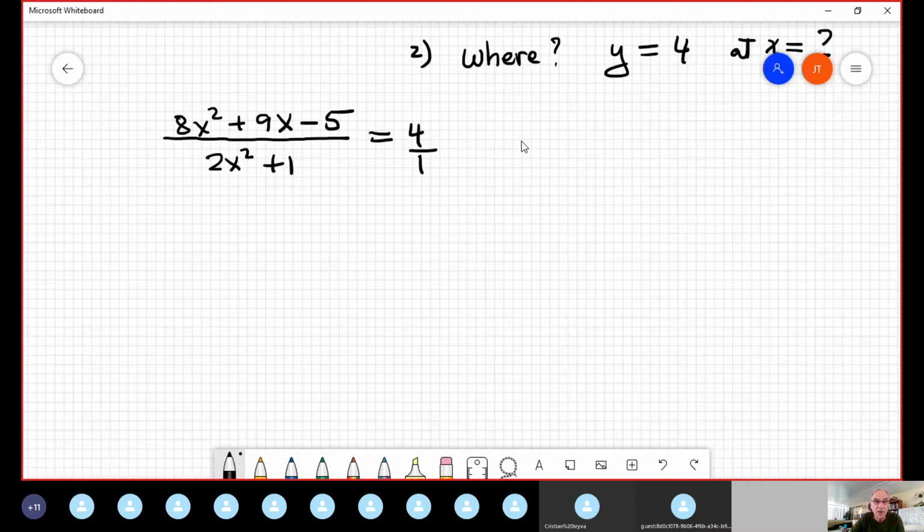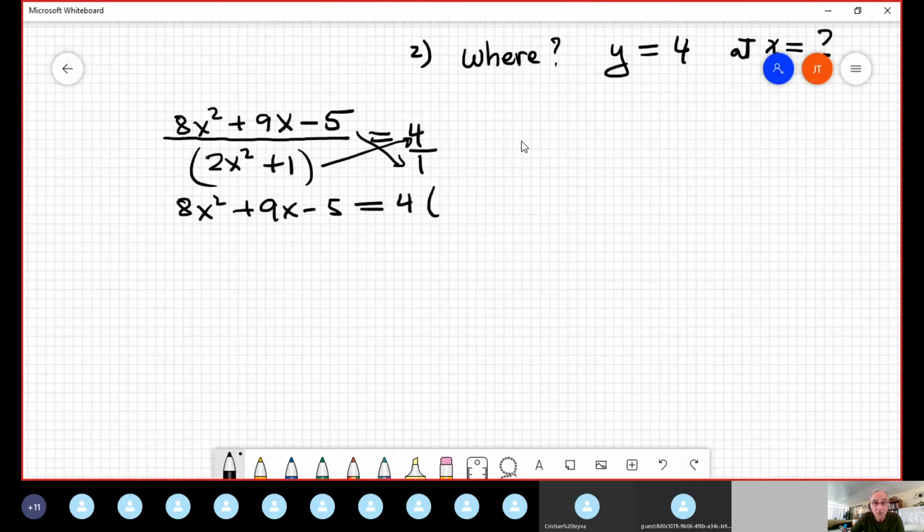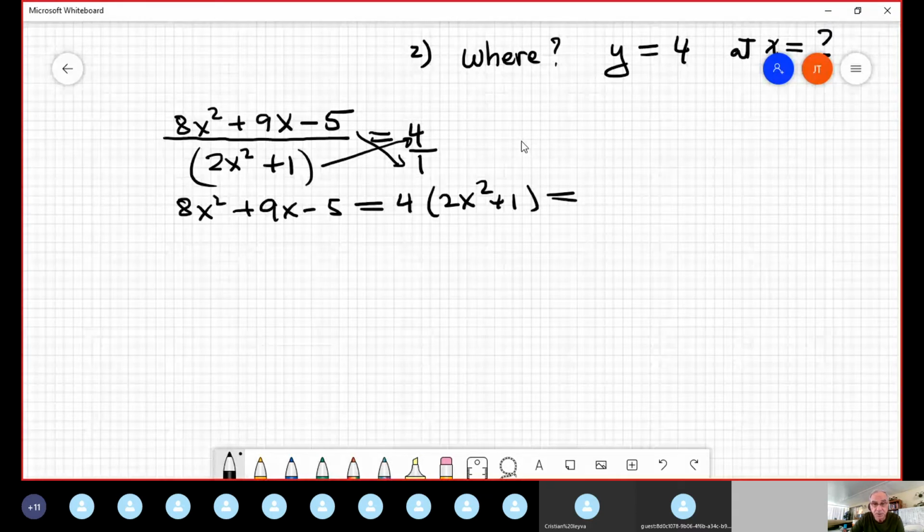You multiply top times 1, like that. So 8x squared plus 9x minus 5 times 1 stays the same. And multiplication of this times 4, so 4 times 2x squared plus 1. You apply the distributive property to remove the parenthesis.